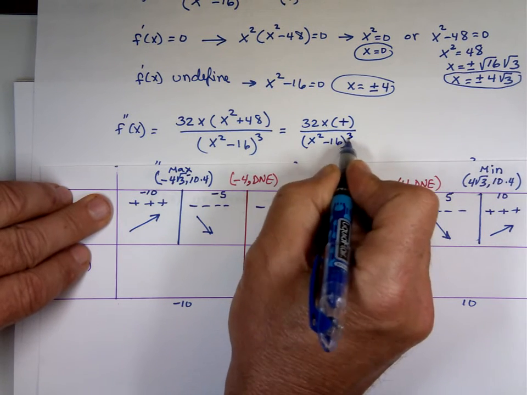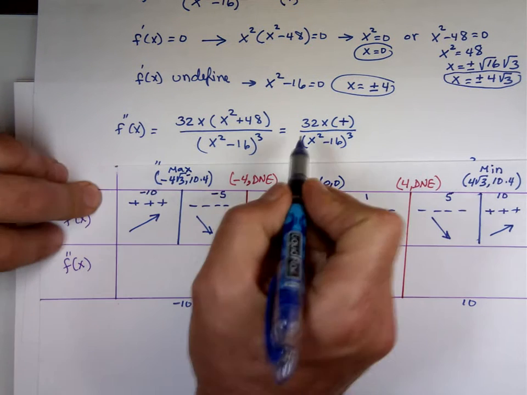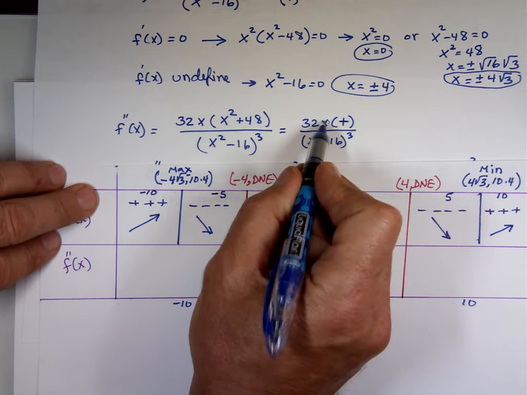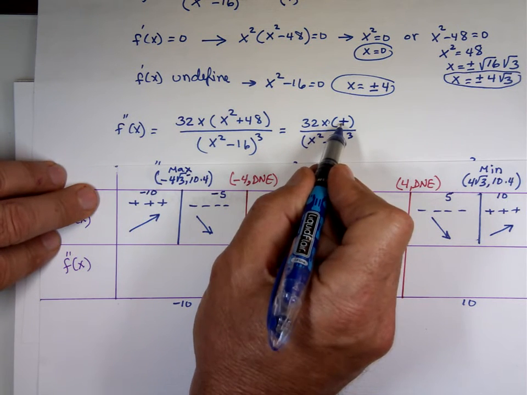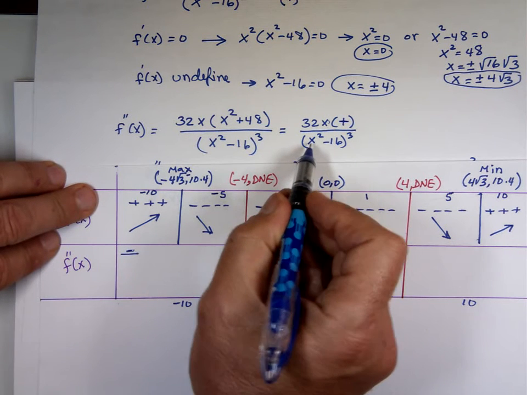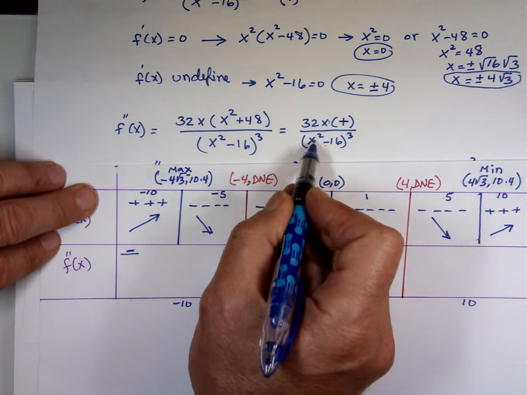If I use the negative 10 here, what's 32 times the negative 10? Is that a negative number? Negative times positive, which is what? Negative over. When x is negative 10, that's 100. 100 minus 16 positive. Cube, that's a positive. What's negative over positive?